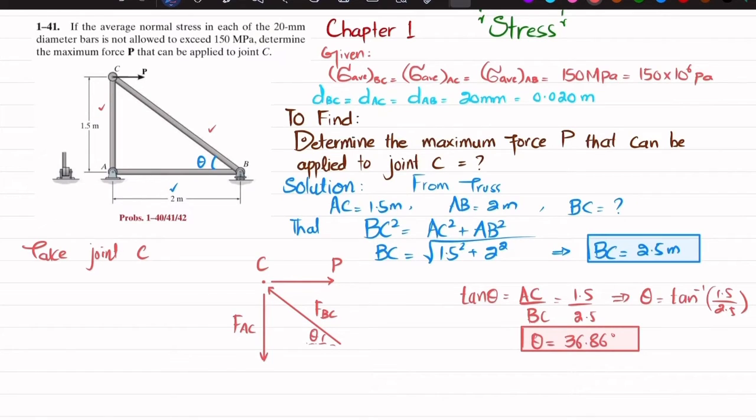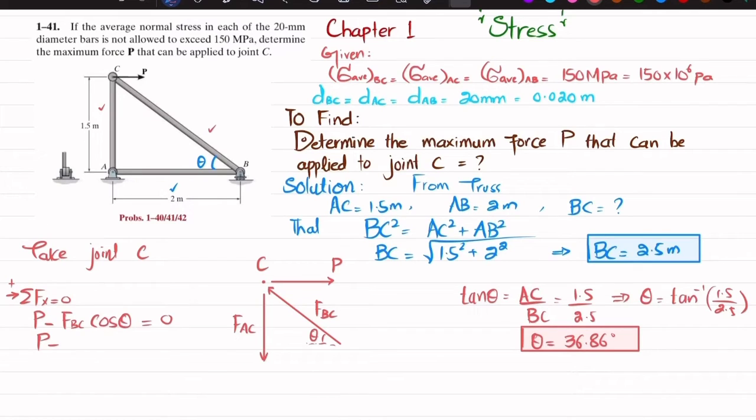Now you have this theta, so we will apply equations of equilibrium for finding FBC and FAC. The first equation of equilibrium is that the sum of all forces in the x direction must be equal to 0, and force in this direction is taken as positive. So horizontally there is a force P applied, and the second one is the horizontal component of FBC, which is FBC cos theta. So I will write plus P minus FBC cos theta equals 0.